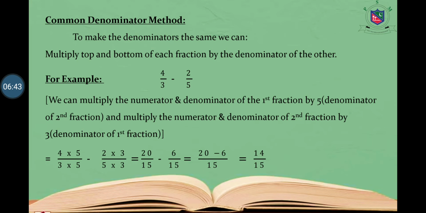So are the denominators the same here? Yes, dear students, now the denominators are the same. So, what is the next step? Yes, in the next step, we need to subtract the top numbers, meaning the numerators, and we need to write the answer over the same denominator.